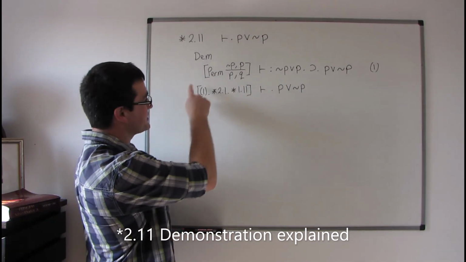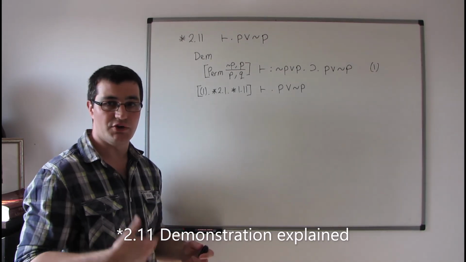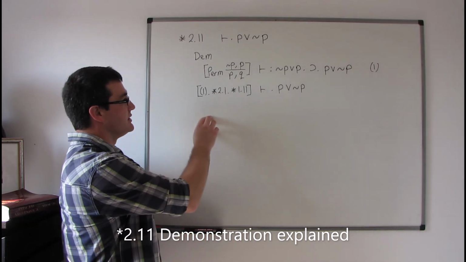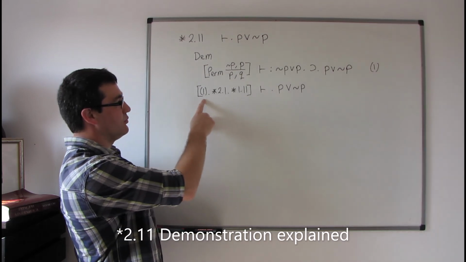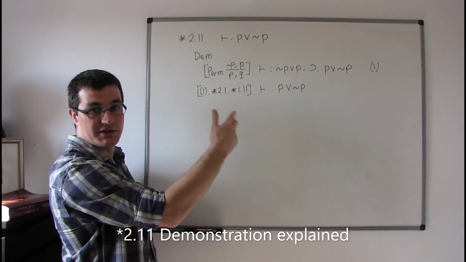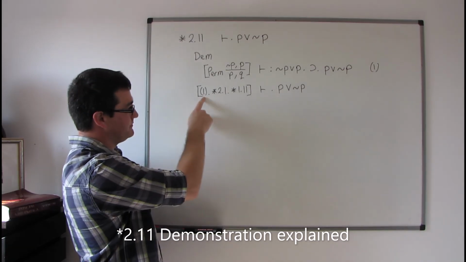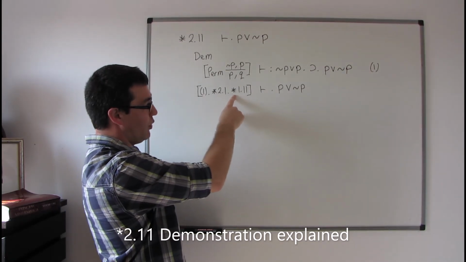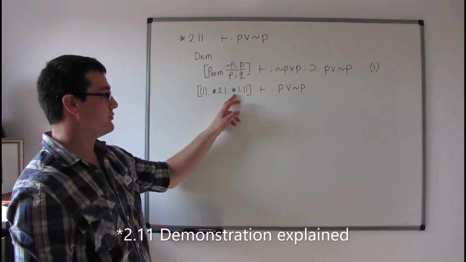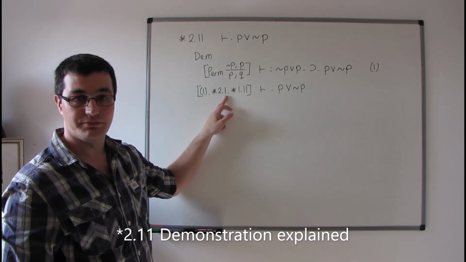Now in our little square box here we've got a bit more information, because things are starting to get more complicated. We need a few more hints as to where things have come from, where things are going. What we can see in here is that whatever we're doing has something to do with what's happened on the first line. Also, we're going to be making some kind of inference using our rule of inference 1.11, and then we've got the star 2.1.